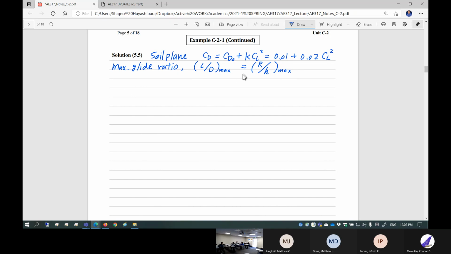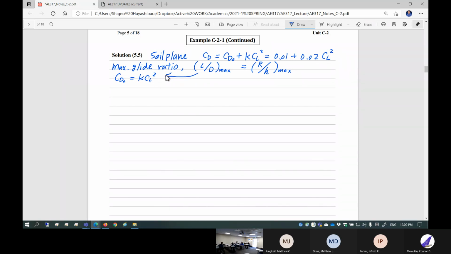So let's find out L over D ratio maximum. What is the condition for that? What is the condition for L over D max? CD0 equal to K CL squared, that's right. So in other words, this is the condition.